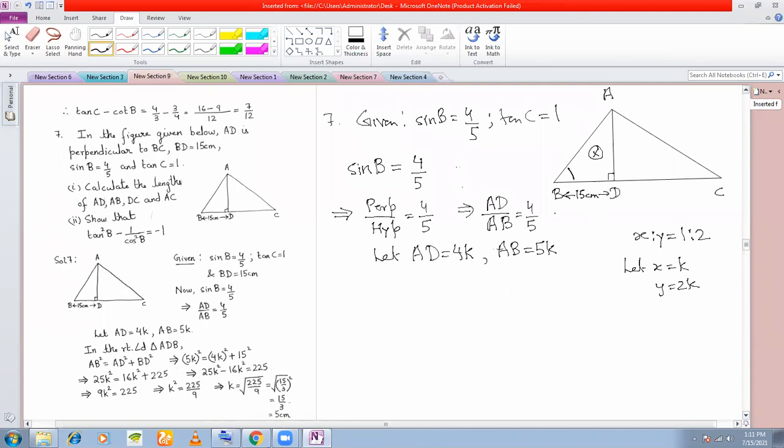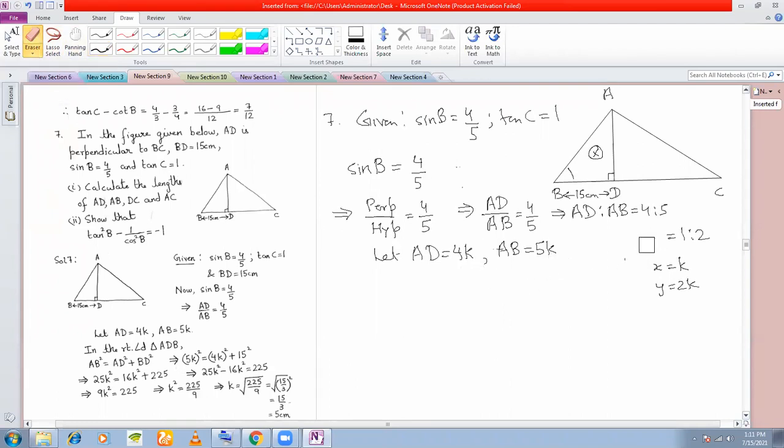In ratio and proportion, we have done this. AD is to AB is equal to 4:5. That means I can take AD as 4K and I can take AB as 5K, right? Now is it clear? Yes, sir.